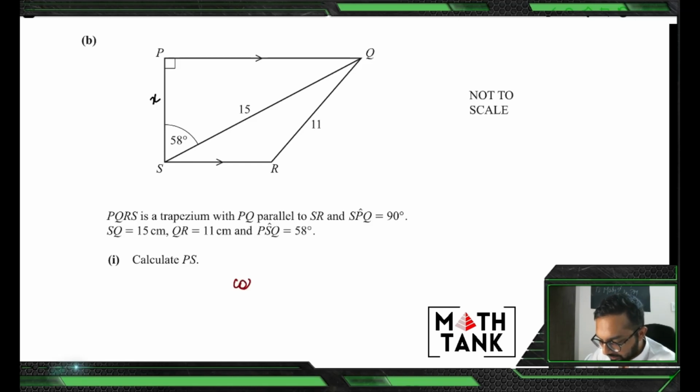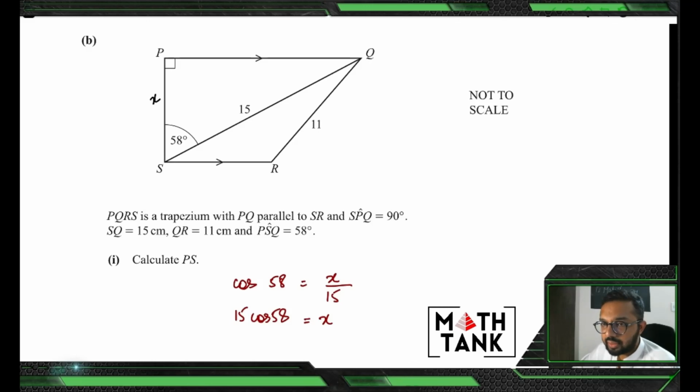I can just use cos 58 equals x over 15, since I have the hypotenuse and I want to find the adjacent. So this becomes x equals 15 cos 58. Now doing this gives you the most exact answer. I could just calculate cos 58 and write it in decimals, but make sure to write some extra decimal places.